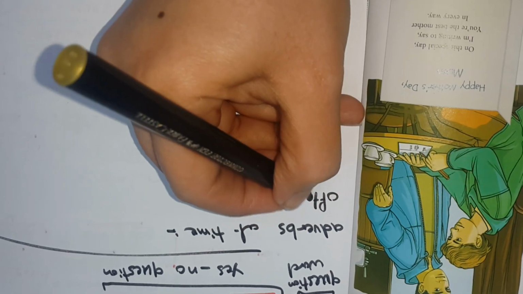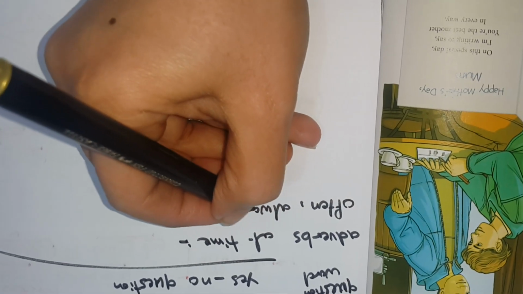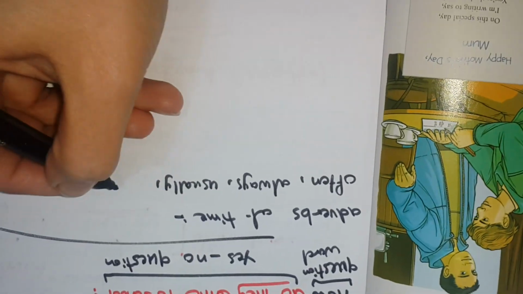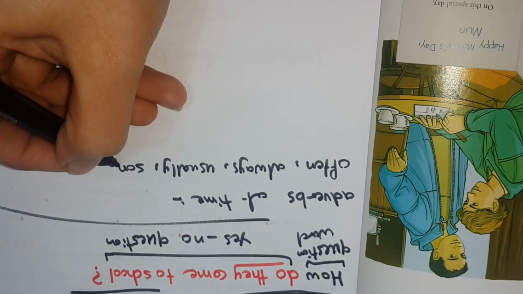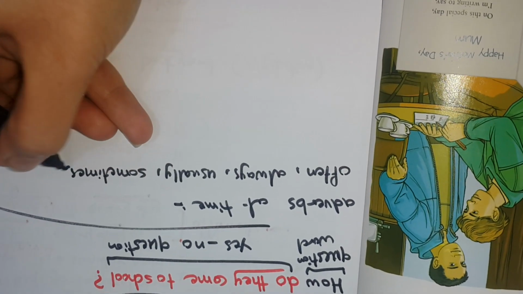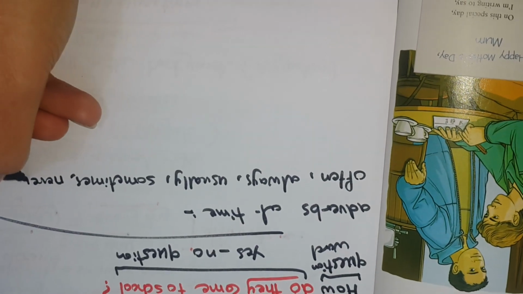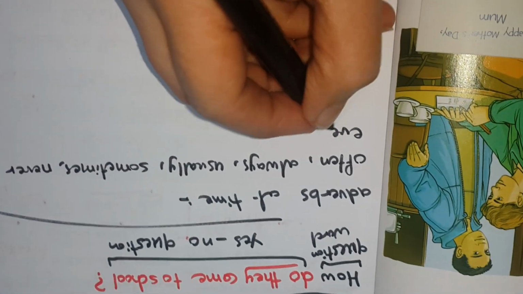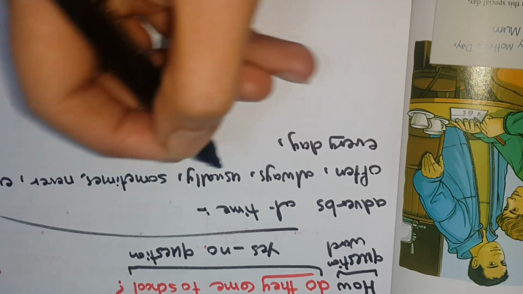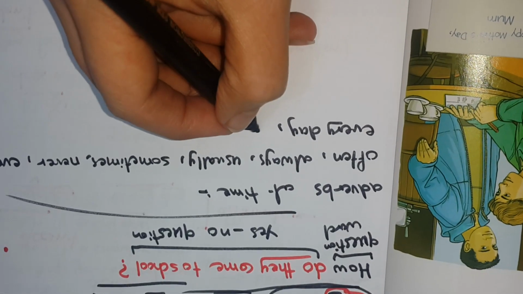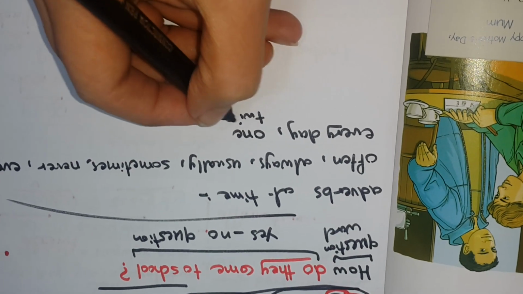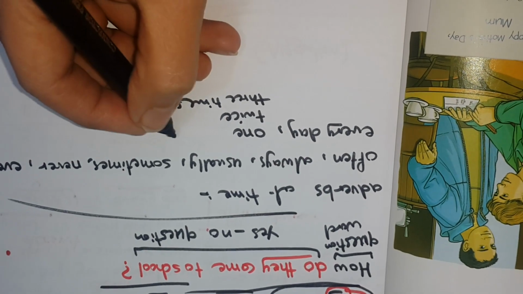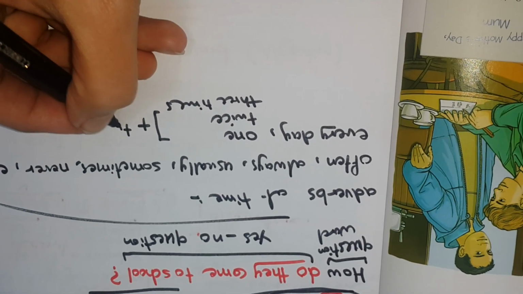You have often, always, usually, sometimes, never, ever, every day, and we have the use of once, twice, three times, plus any time expression.